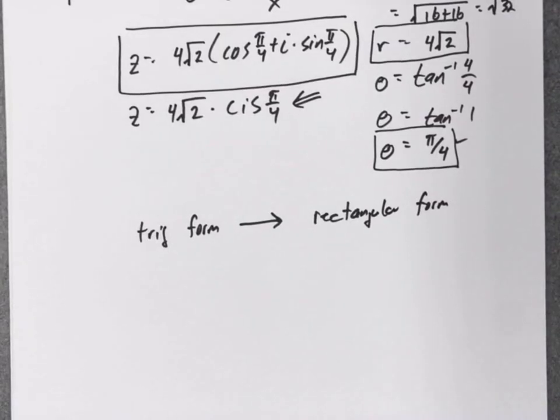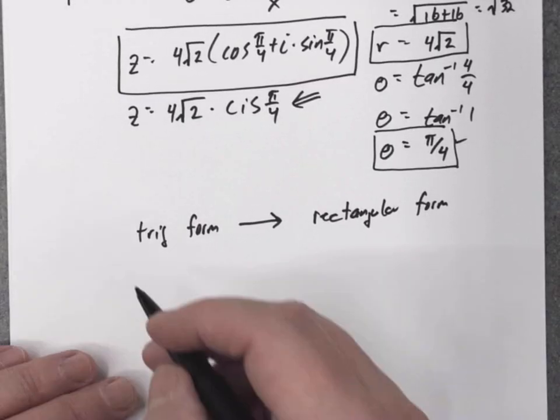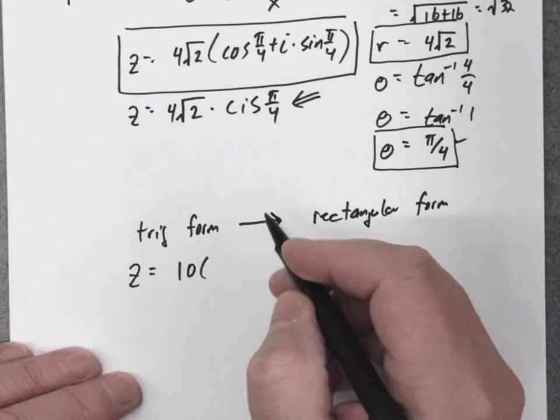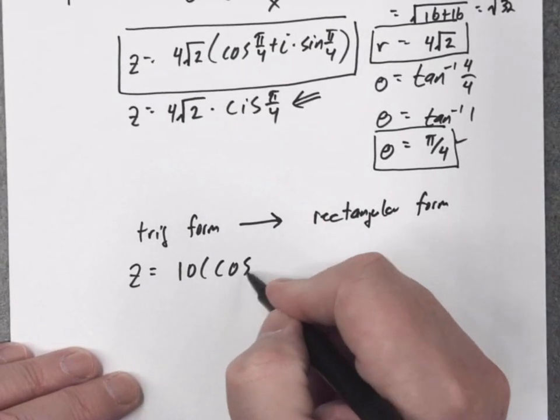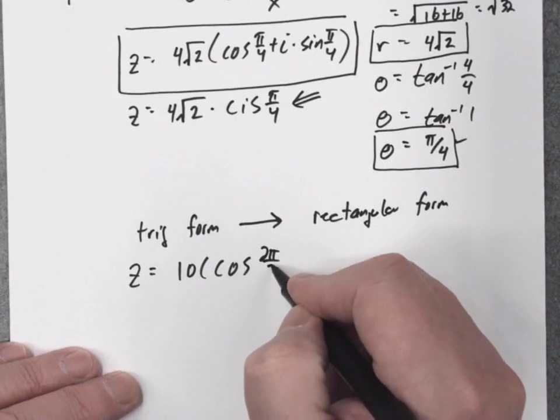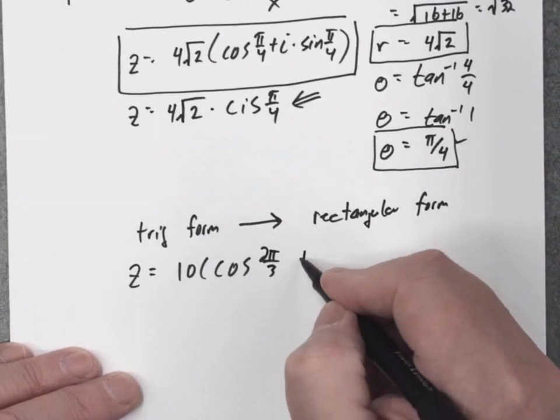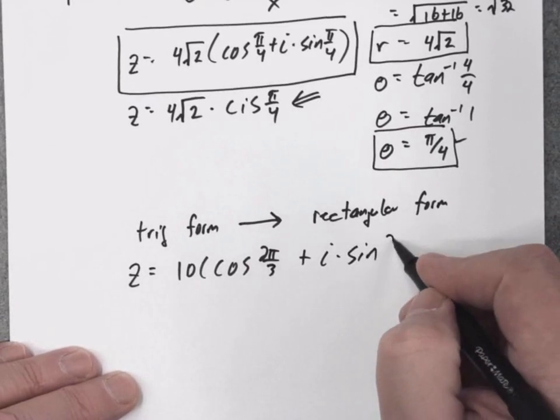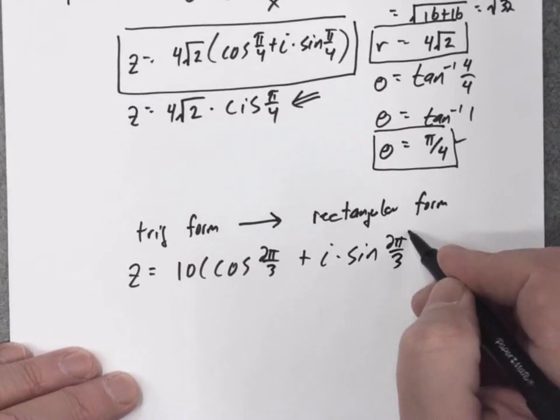And this one you're going to really like. So here is a complex number written in trigonometric form. We'll call it z equals 10 times the cosine of 2 pi over 3 plus i times the sine of 2 pi over 3.